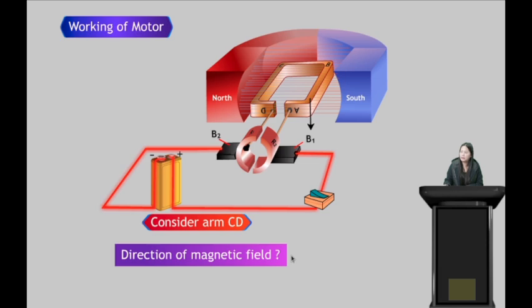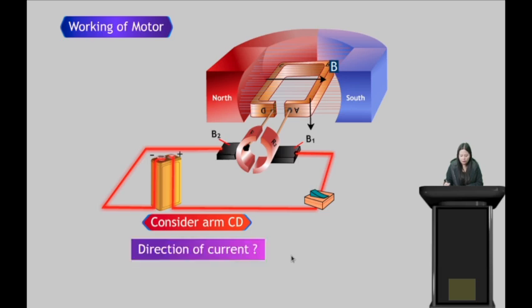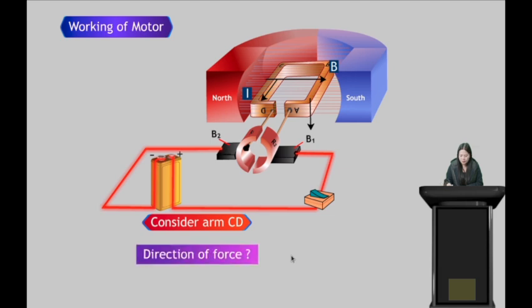Similarly, consider arm CD. The direction of magnetic field in arm CD will be in this direction from North Pole to South Pole. The direction of current will be in this direction, because the current is coming from A, B, C, D, right? What will be the direction of force in arm CD?